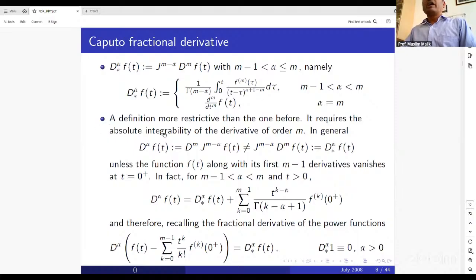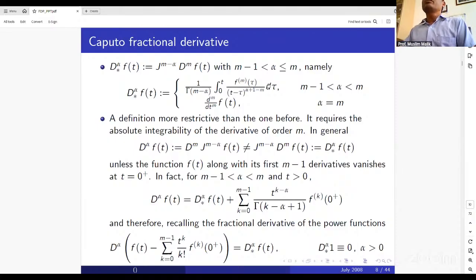So here we need one more thing. We want to find the derivative of order alpha, where alpha is less than m, but we need to know the derivative of order m of the function f. We want to find the derivative of order alpha where alpha is less than m, but already we know the derivative of order m.